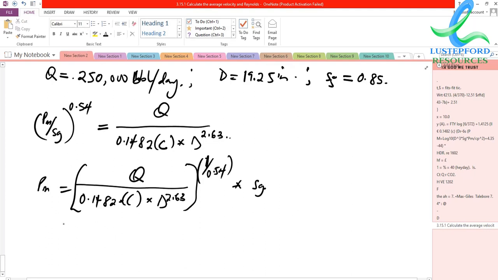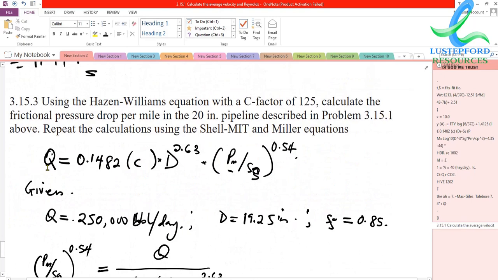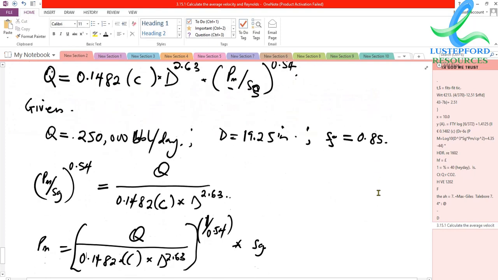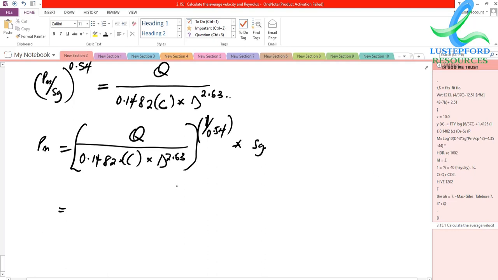Now, since the Q from this formula is in barrels per day and the D is in inches, we will just insert all the values without considering the units, since they are of the same unit.